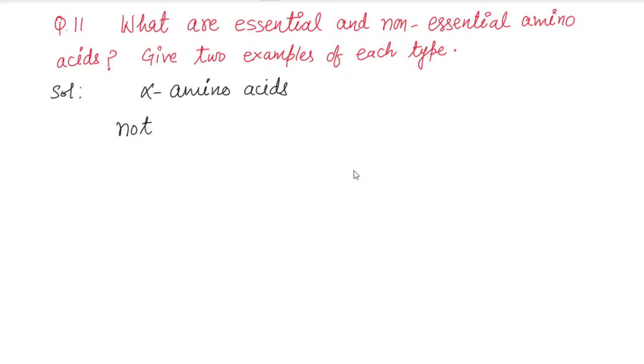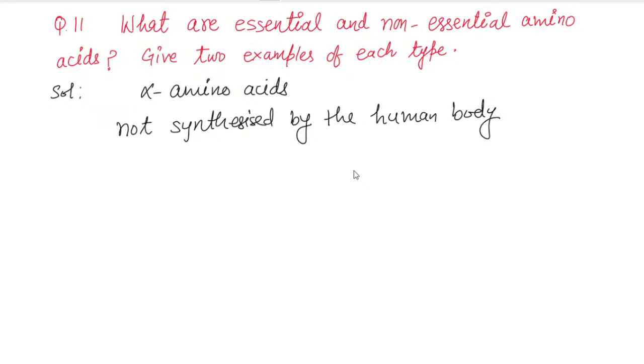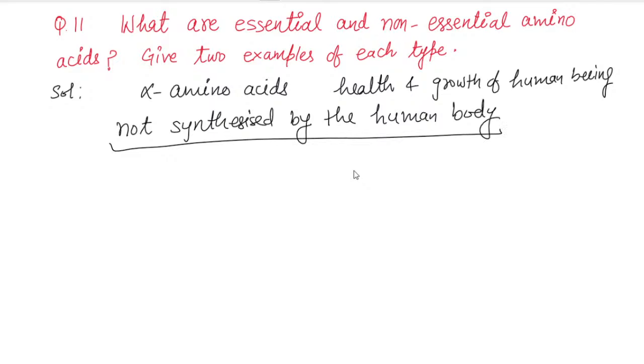Alpha amino acids which are not synthesized by the human body, such amino acids are needed for health as well as growth of human beings, but they are not synthesized by the human body, meaning they are obtained from the diet.